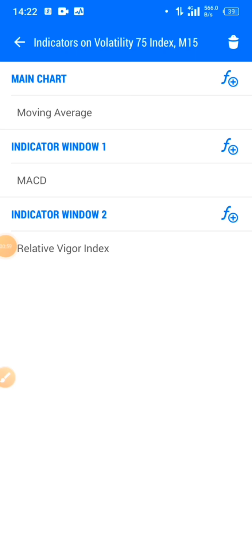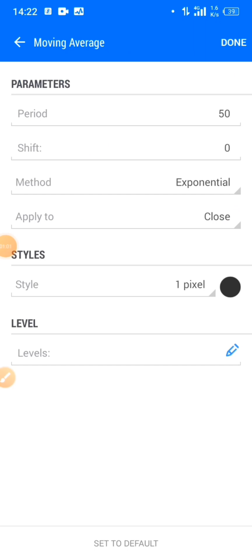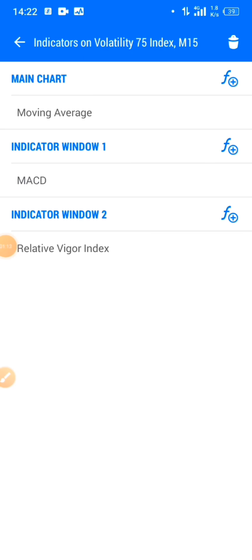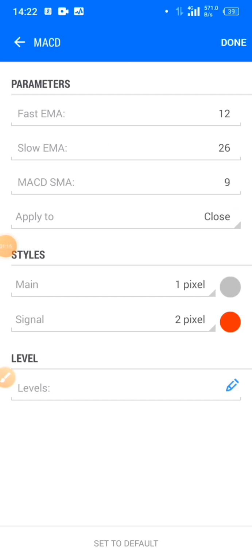For the moving average, we are going to be using moving average period 50, shift 0, method exponential, apply to close. Then you click done. Then for the MACD, fast EMA 12, slow EMA 26, MACD SMA 9, apply to close, click done.